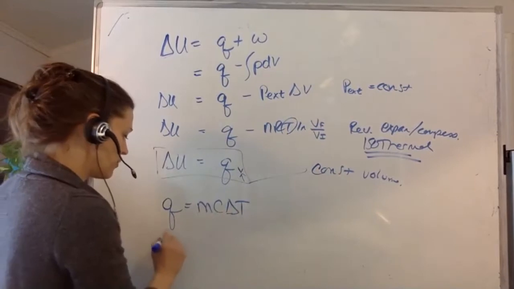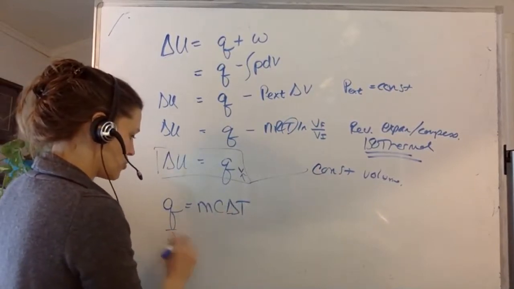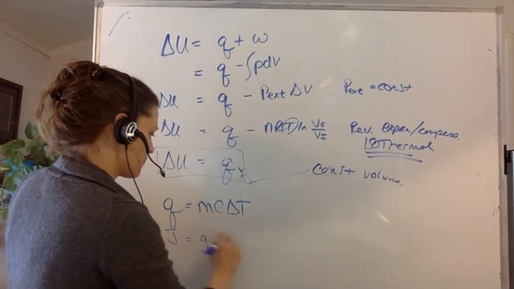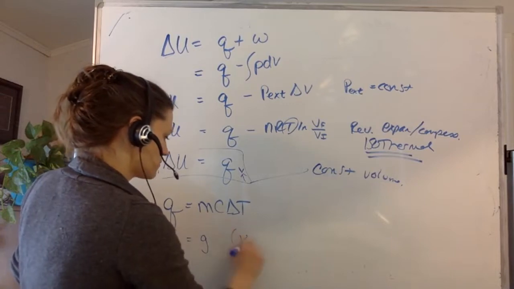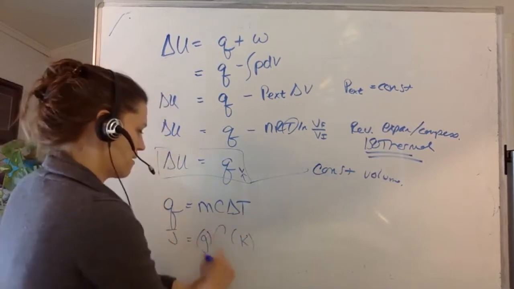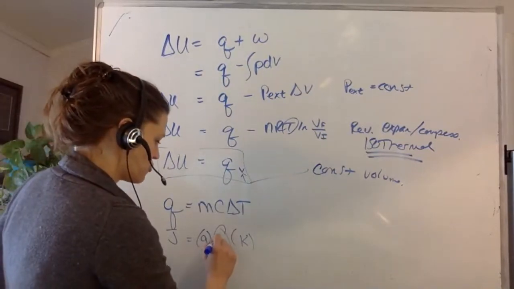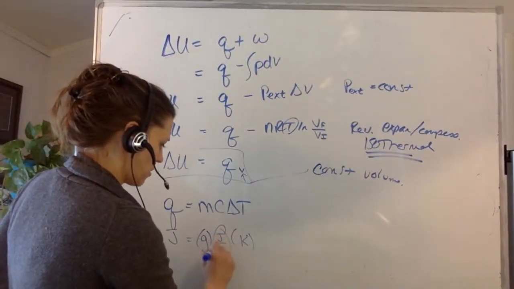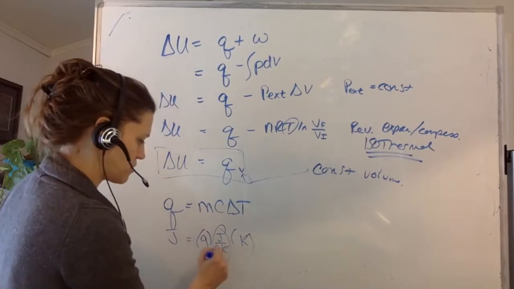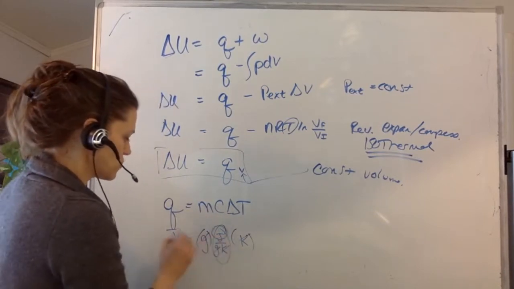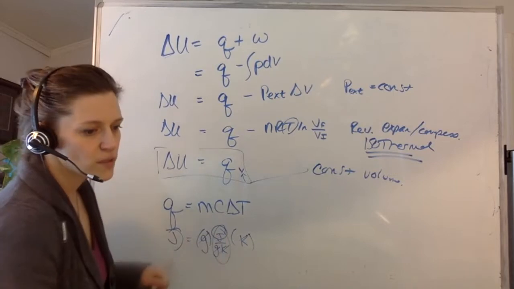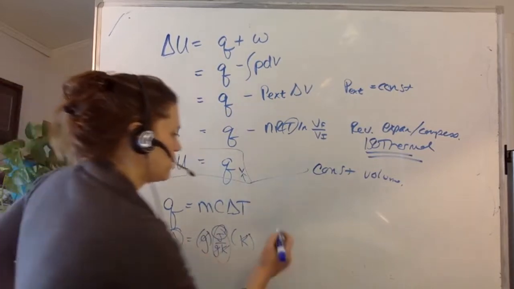We know that Q is going to be in energy, joules. So we've got grams and we've got Kelvin. So then what has to be the units of the specific heat? Well, that has to be joules per gram Kelvin. Cancel, cancel, cancel, cancel. That means that joules equals joules. So what does this specifically mean?